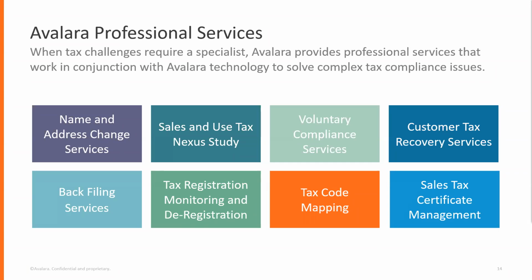The other big one that comes up is listed here as voluntary compliance services, but more commonly VDAs, or voluntary disclosure agreements. So merchants that may have had Nexus or should have been registered and remitting sales tax in a state for, I've seen as long as 6 years, that they have not been doing so.